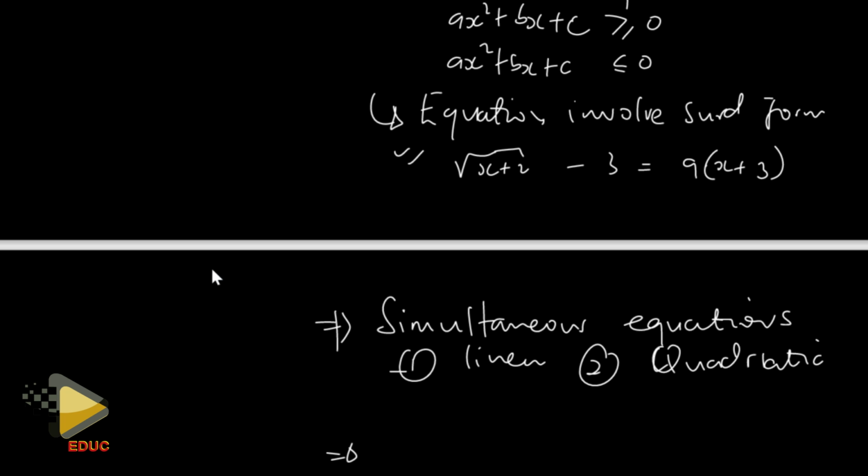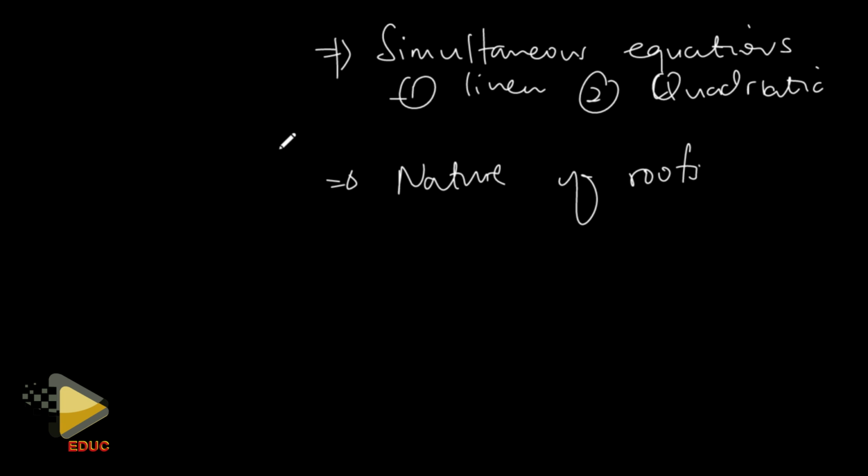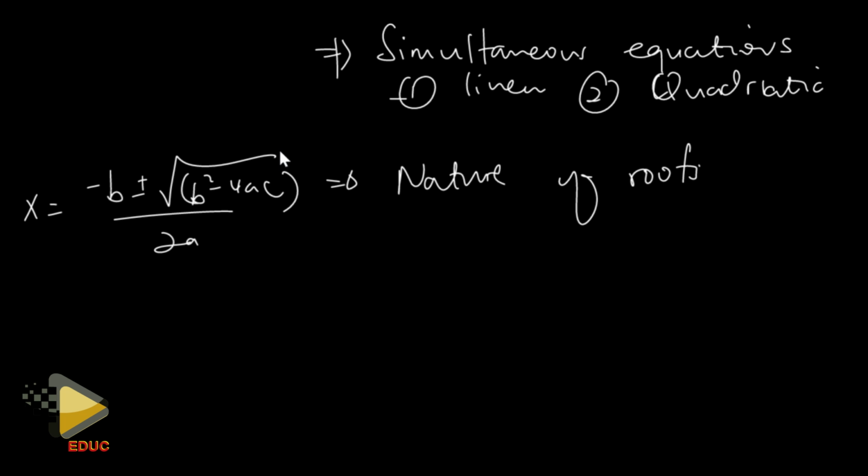And then lastly, under algebra, we discussed the nature of roots. Under the nature of roots, our main interest is the discriminant, or the contents of the quadratic formula. In the quadratic formula, it's b squared minus 4ac over 2a, so our interest is whatever is inside the square root. That is what we call the discriminant.